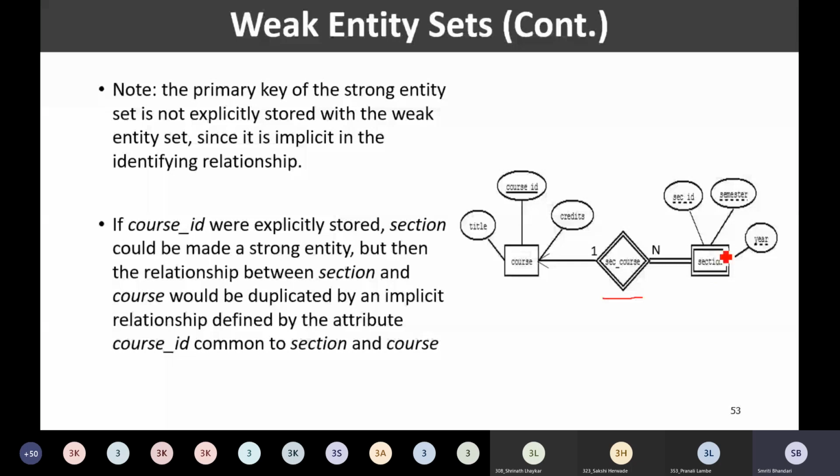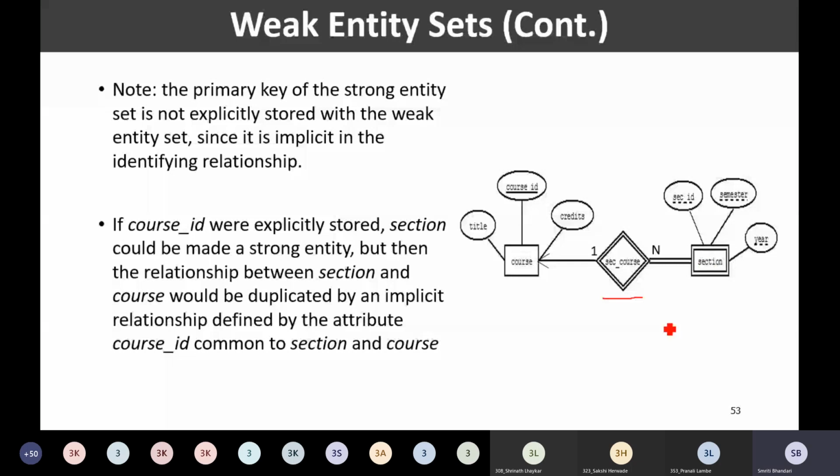So please note that the primary key of the strong entity set is not explicitly stored with the weak entity set because it is implicitly there, right? It is implicitly there via this identifying relationship set.